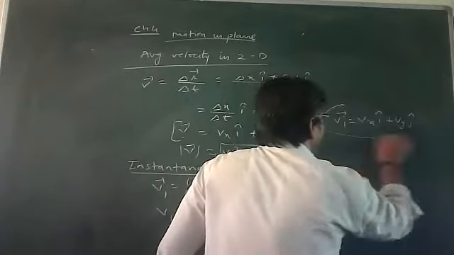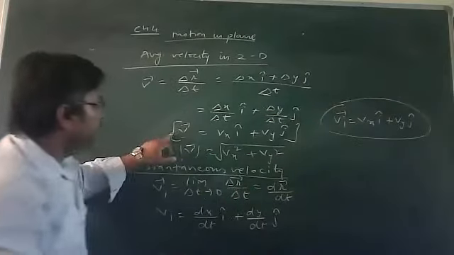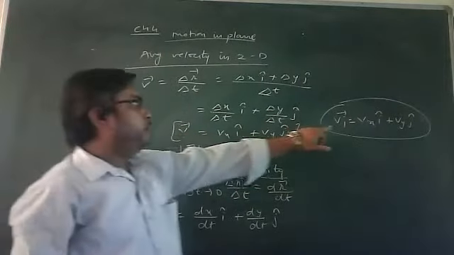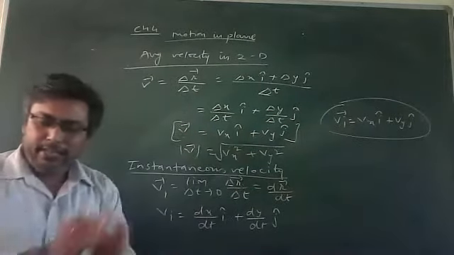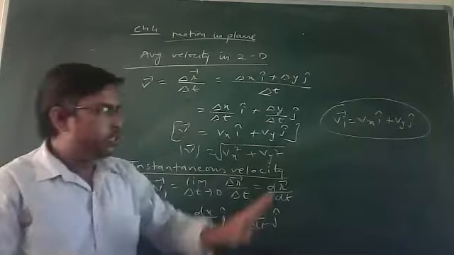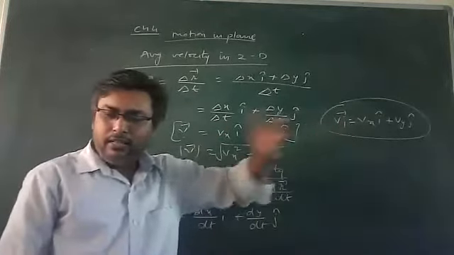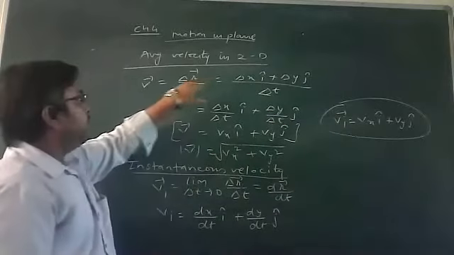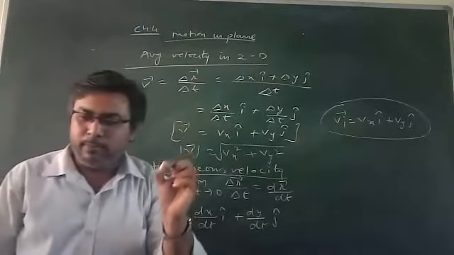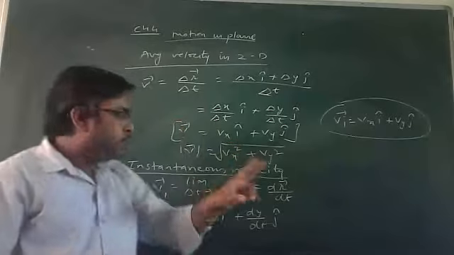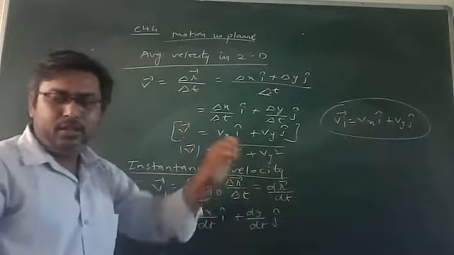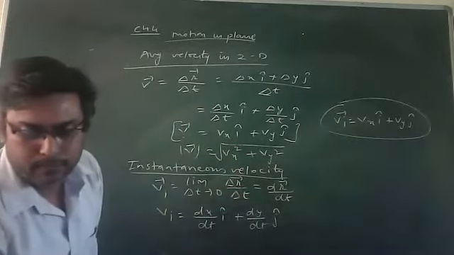This is the instantaneous velocity. That means whether I write average velocity or instantaneous velocity, in the expression there is no difference. But the method is different. Here for average, you are working on the displacement, but for instantaneous, you are going for the differential part. That is the only difference.